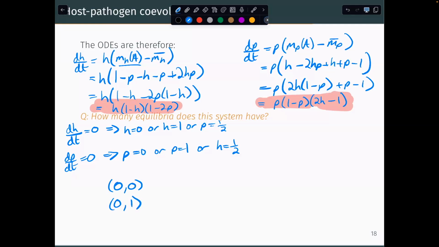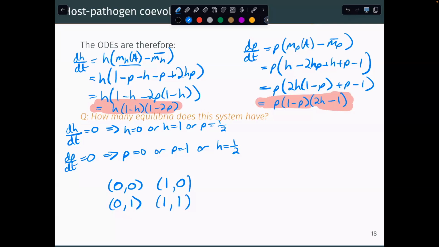Think about what happens if H is equal to 1. Exactly the same thing. This 2H minus 1 can't be equal to 0, so either P has to equal 0 or P has to equal 1. And finally here, if P is equal to a half, this is equal to 0. 1 minus P is equal to a half.